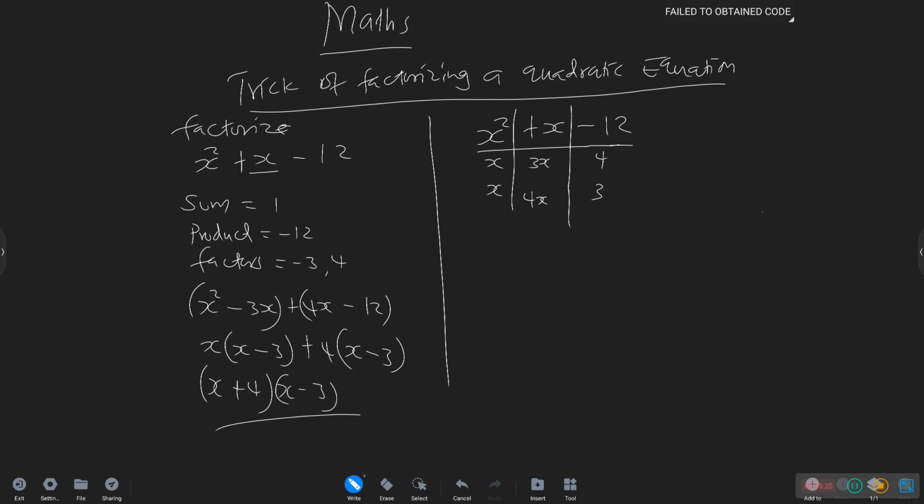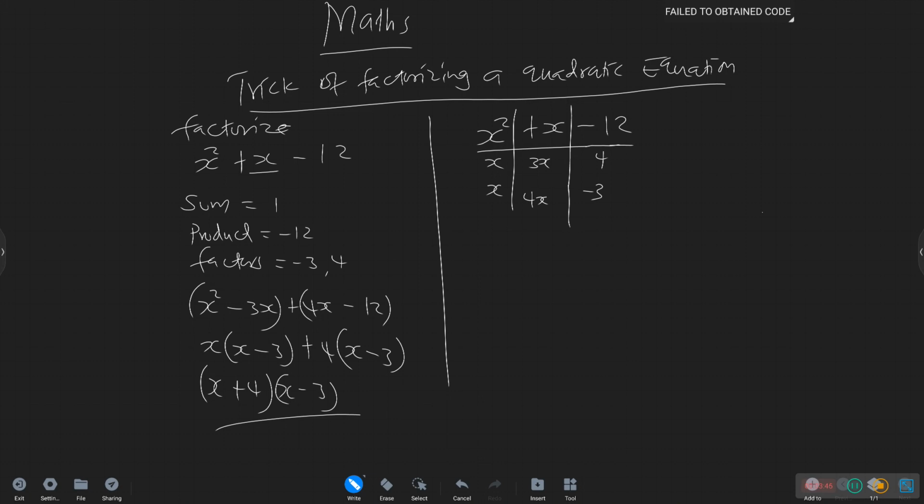But when you add these two, you must get the value here. If you add, this one is 7, so we must make one a negative. If we make the 3 negative, because we wanted this to be negative 12 anyway, it was supposed to be 4 times negative 3. When you are making the negative, you consider that when you add these two, they must give you whatever is here.